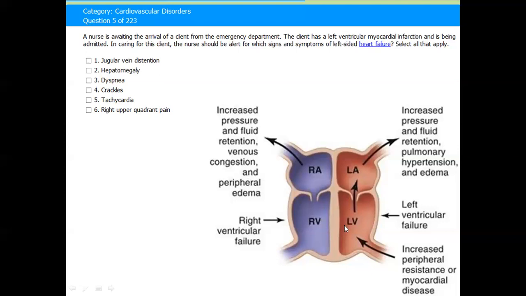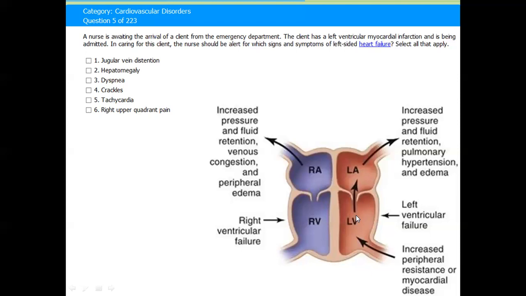Normally, on the left side, what happens? Blood comes from the lungs to the left atria. From the left atria, blood goes to the left ventricle. From the left ventricle, blood goes to the whole body through the arch of the aorta.